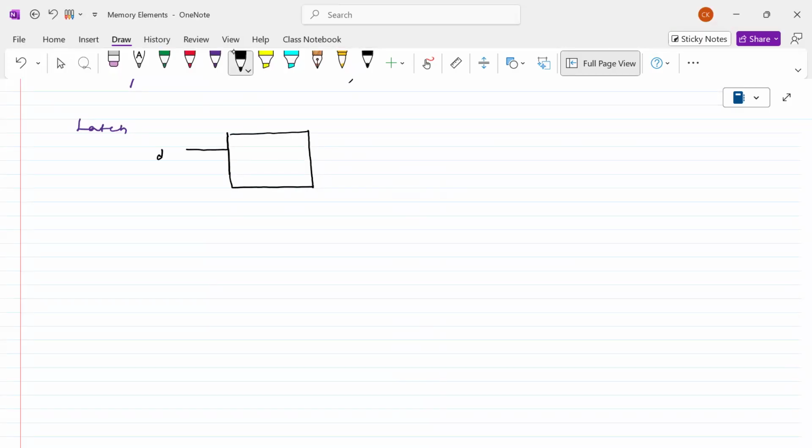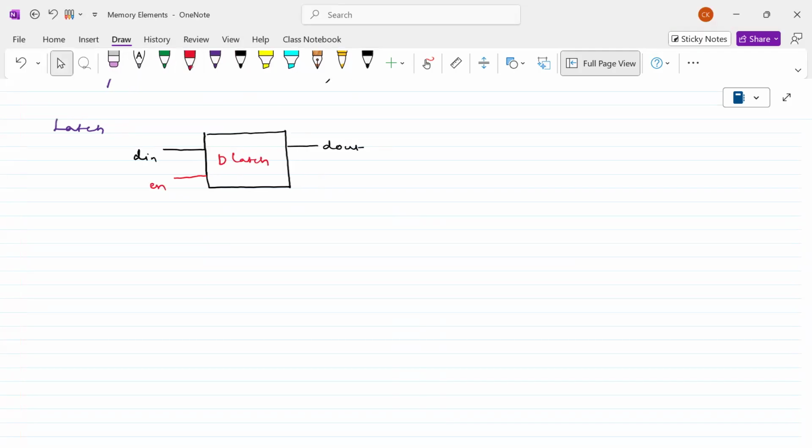Let me call this D in, and this is called D out, and D out will take the D in input as an output, provided there should be one enable signal. Without this enable signal, it cannot transfer, right? So this type, I want to discuss as a positive D latch.